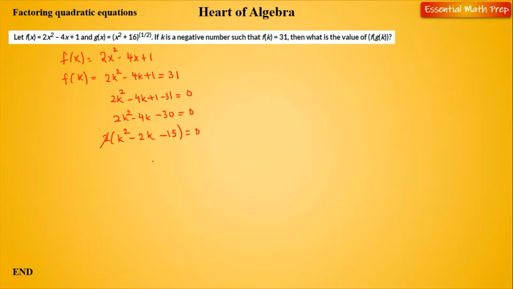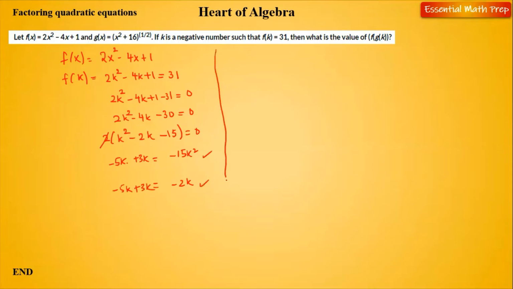Now we can solve what's within the bracket. We want negative 15 and we also want negative 2k. If you multiply negative 5k and positive 3k, we end up with negative 15k squared. And if we take negative 5k and add 3k, we end up with negative 2k.